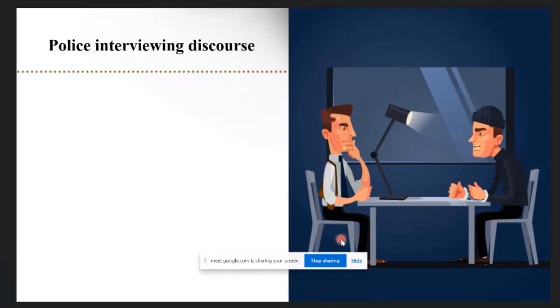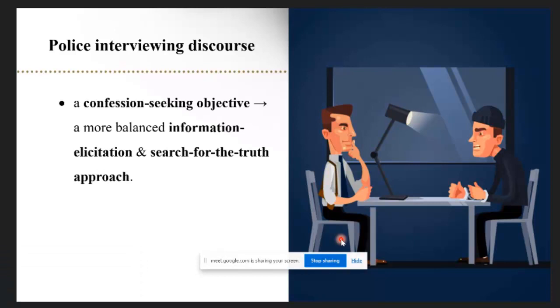Over the past decade, there was a shift toward a more information elicitation and search-for-the-truth approach instead of a confession-seeking objective. What I mean here is that the interviewer now serves as a person who is looking for the truth and not the prosecutor, who usually intimidates the interviewees.